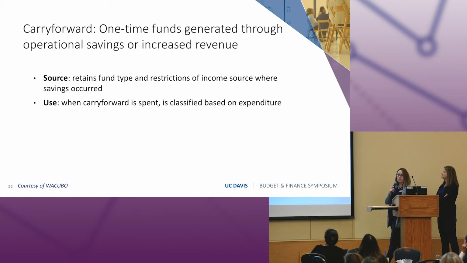So when it becomes carry forward, it doesn't magically become more flexible. You still have to follow the same rules, but it does mean that your sources minus your uses had a positive balance that you might have a plan for in the future. And when it is spent, it's classified in the same way with expenditures.